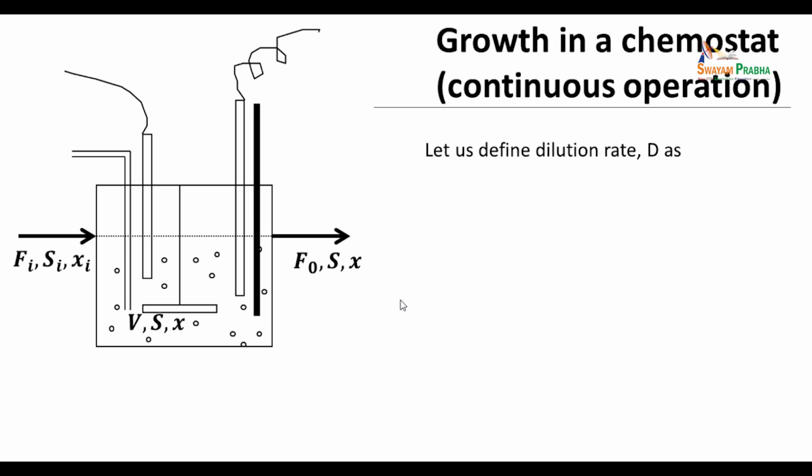Now let us define something called a dilution rate as the volumetric feed rate divided by the volume of the broth, F by V. This is a definition, dilution rate. So can you make sense of this? A certain feed rate divided by the volume.